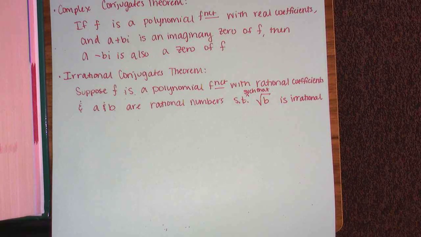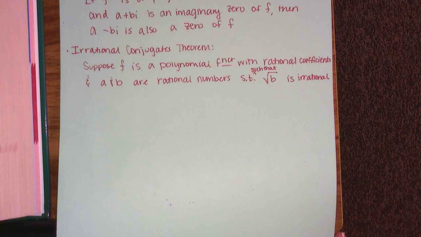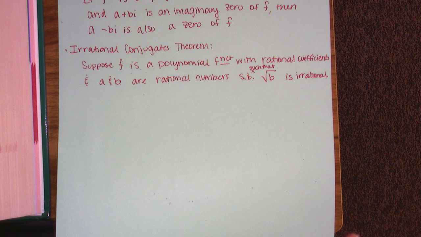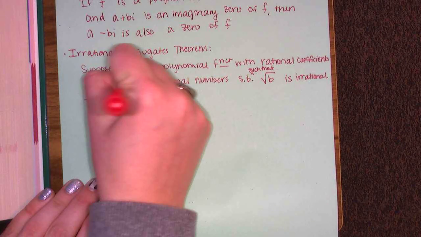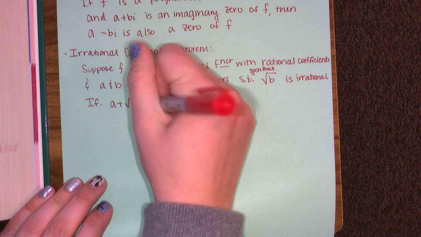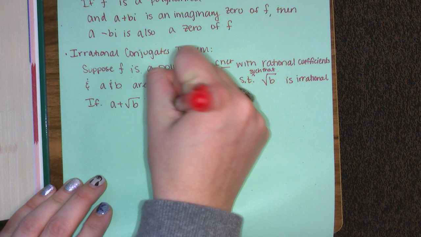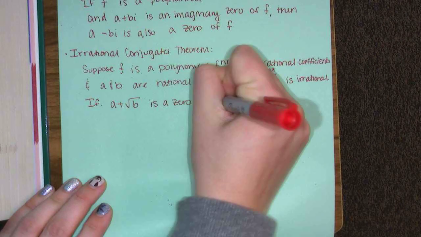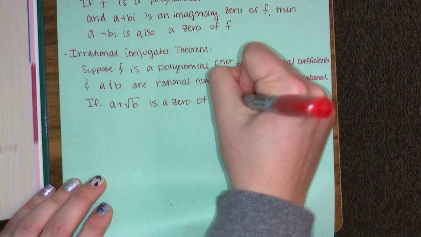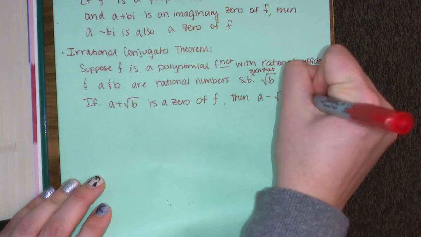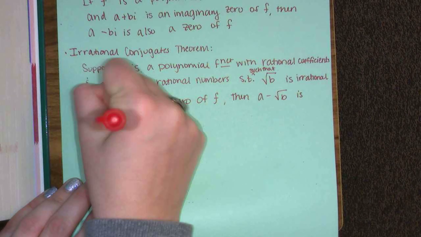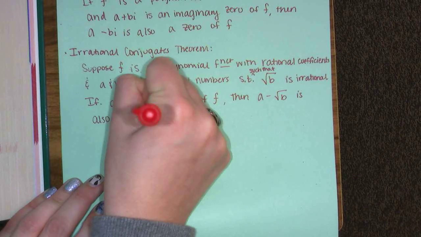Irrational is like pi, it goes on forever. If a plus the square root of b is a zero of f, then a minus the square root of b is also a zero of f.